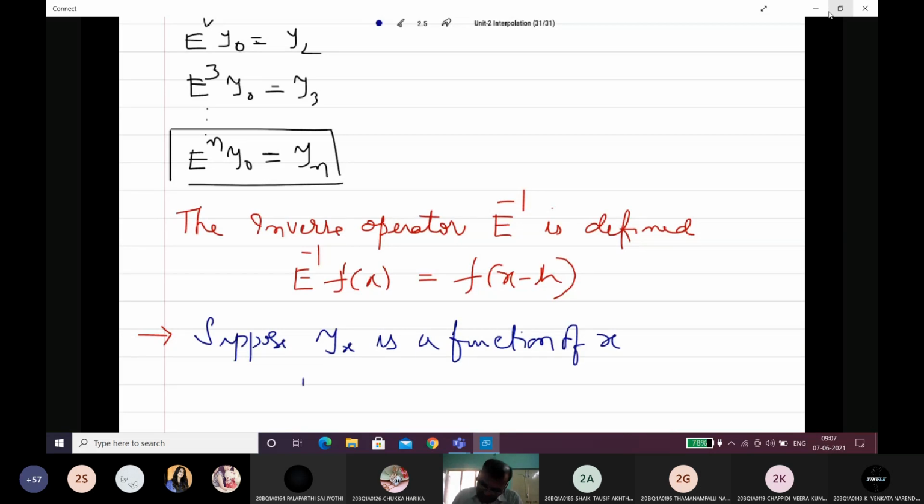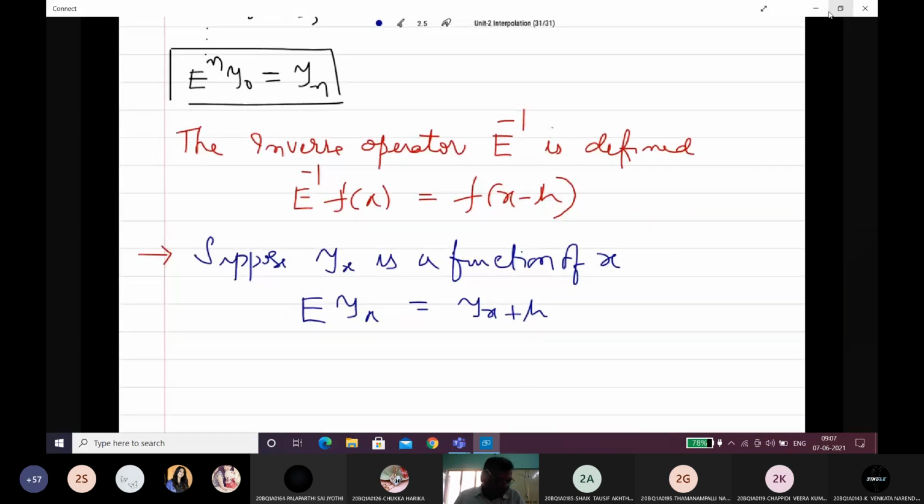Then E of yx is equal to yx plus h. This is also another notation.